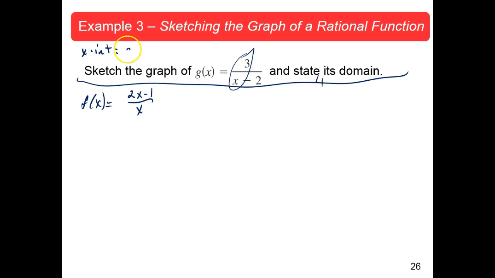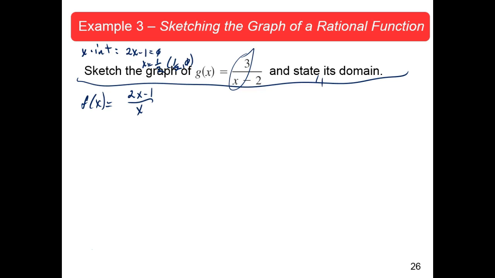So that's going to be 2x minus 1 equals 0. Right? Solve that. 1/2. Got it. X equals 1/2. So there's your x-intercept, it will be 1/2, 0, because your y is equal to 0.